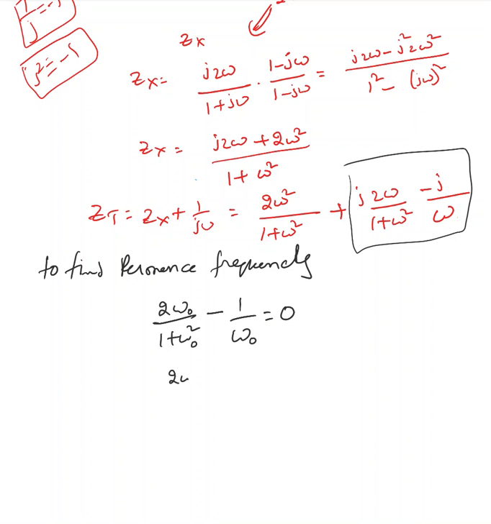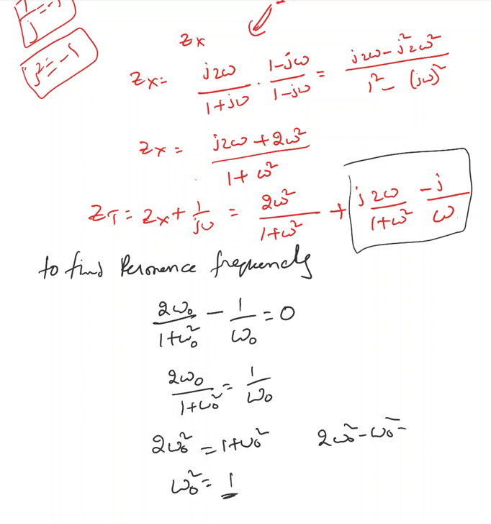So 2 omega naught over 1 plus omega naught square equals 1 over omega naught. Can I write this as 2 omega naught square equals 1 plus omega naught square? If I bring it over, omega naught square equals 1, because 2 omega naught square minus omega naught square equals 1. So omega naught equals plus or minus 1 radian per second.